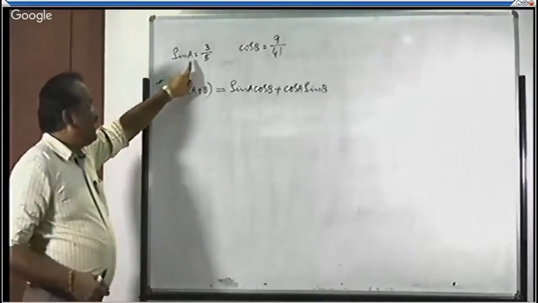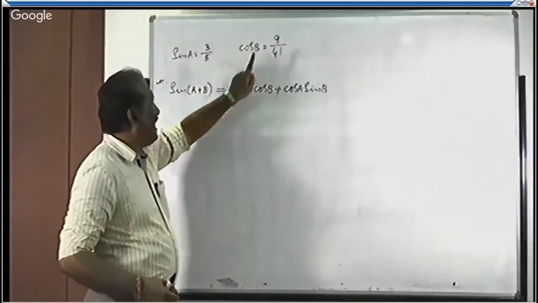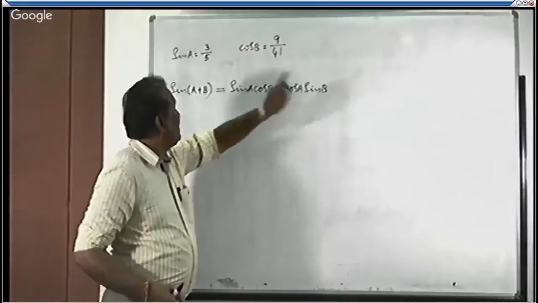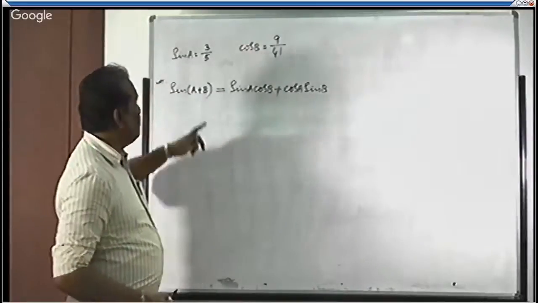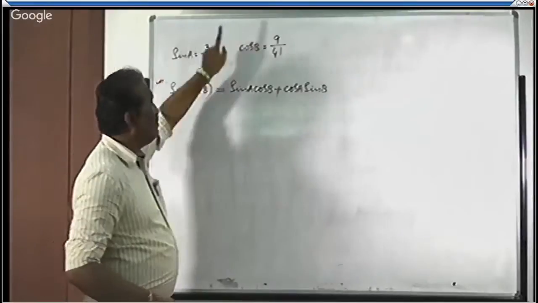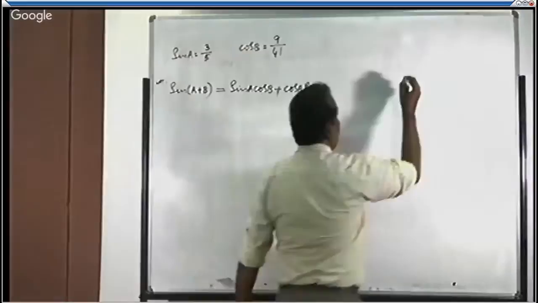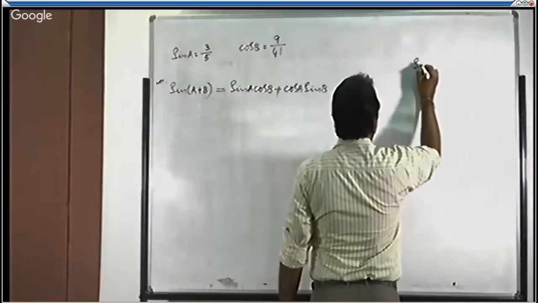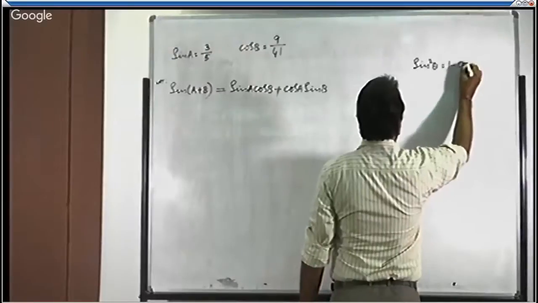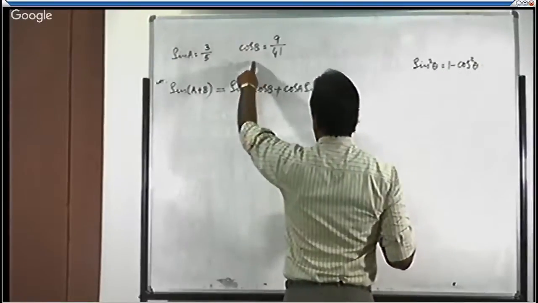Now we have data for sin A and cos B, but we don't have data for cos A and sin B. So by using sin A, you can calculate cos A, and by using cos B, you can calculate sin B. We know that sin square theta is equal to 1 minus cos square theta, right?